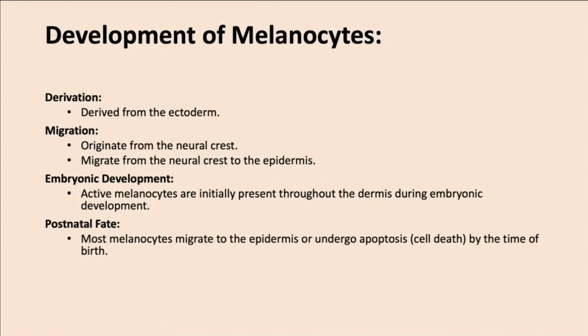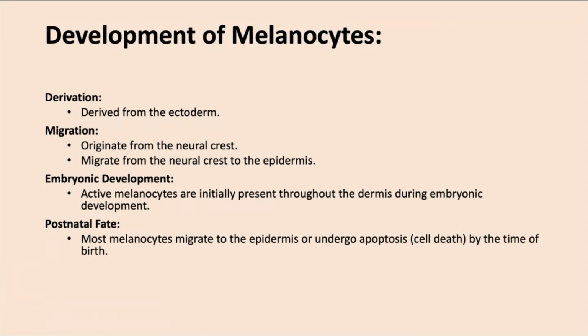Okay. Now, the development of the melanocytes. So we said that the melanocytes are the cells which are going to release melanin. They themselves come from the ectoderm, so the outer germ layer. And then they come from the neural crest, and they go from the neural crest to the epidermis. In mammals, you can find the melanocytes within the epidermis, but the pigments within fish and amphibians, you find them in the dermal layer instead.